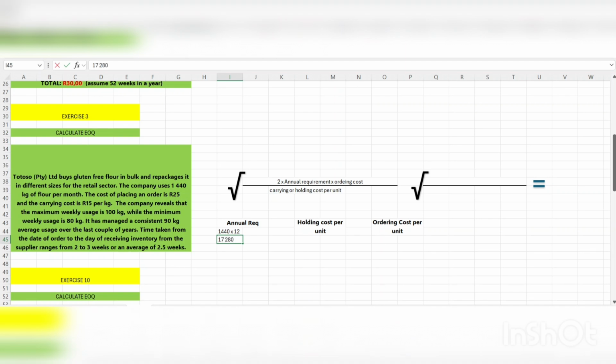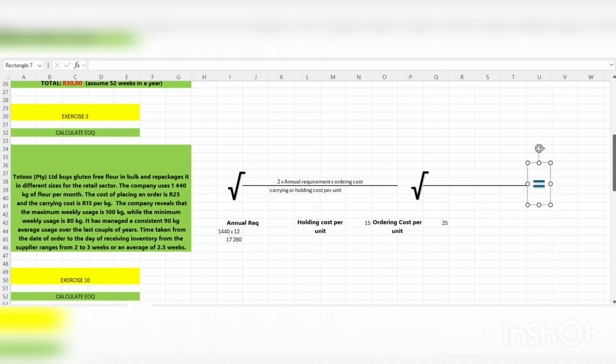that gives us 17,280. Okay, so our holding cost would be 15, because it tells you here it's our carrying cost, which is also your holding cost, carrying slash holding. And finally, we're looking for our ordering cost, and the cost to place an order is 25.